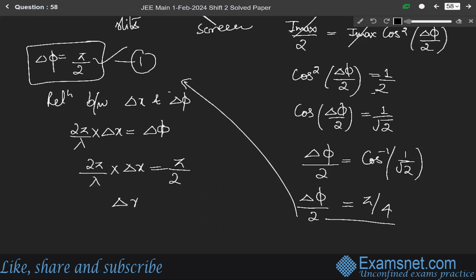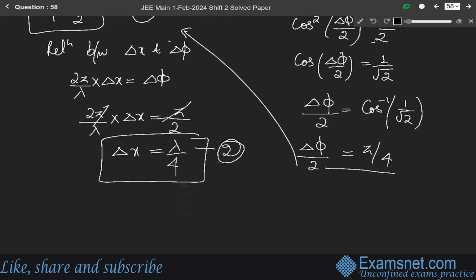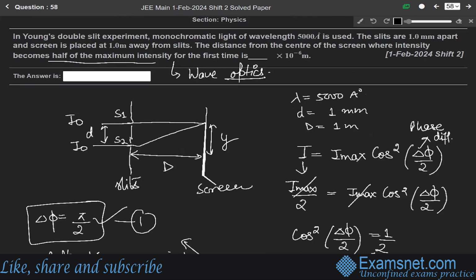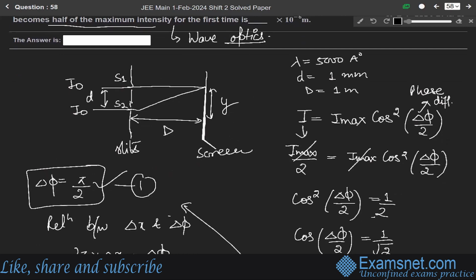From here the pi cancels and delta x becomes lambda by 4. Let us say this is equation 2. Now delta x is the path difference from slit S1 to S2. Let us say this is the point where the intensity is I max by 2.